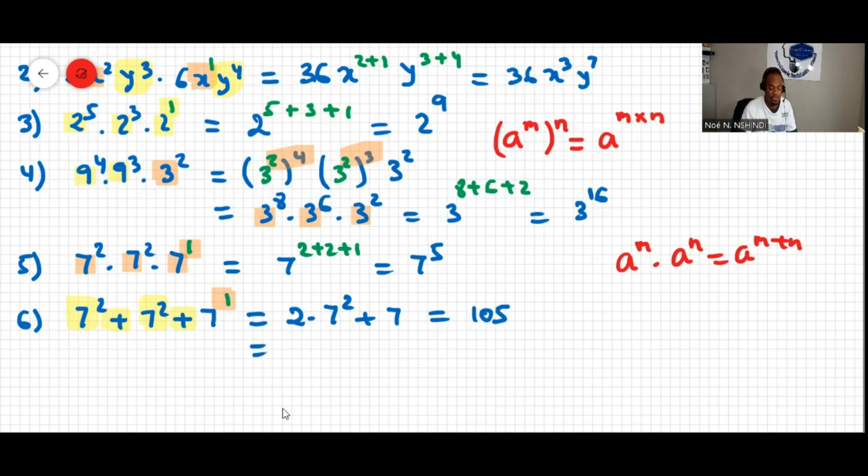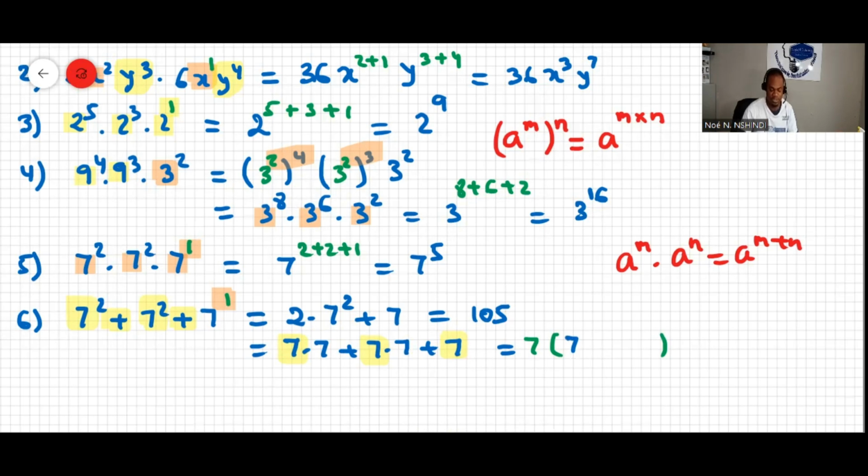Or we can also split this, like 7 squared, we can write it as 7 times 7 plus 7 times 7 plus 7. Now we can take 7, which is the common factor. So we take 7 out as a common factor. What is left? If I take 7 out, I'm left with 7 here and 7 here, and then there will be 1, because 7 is like 7 times 1.